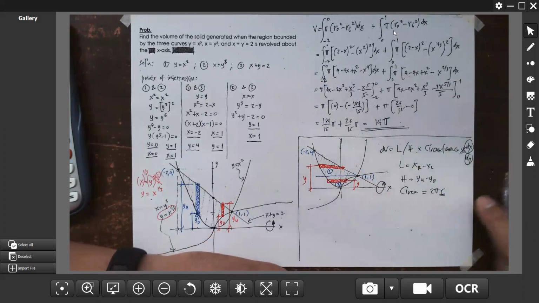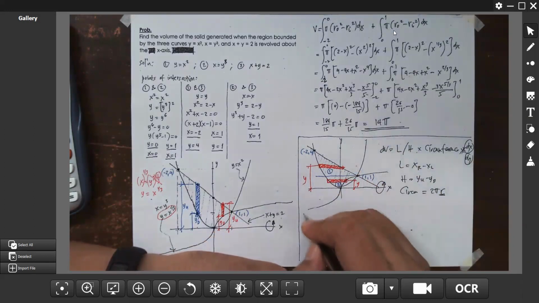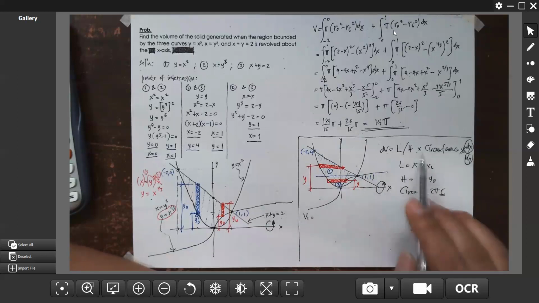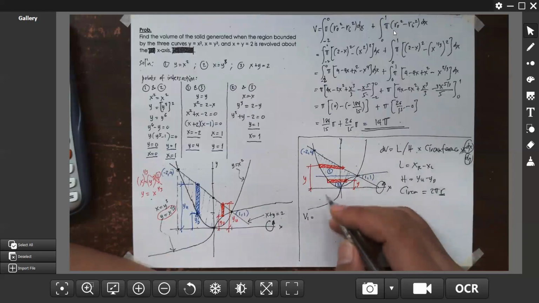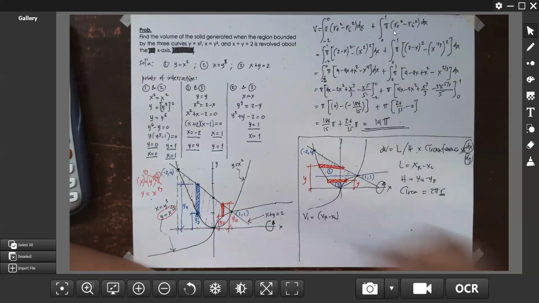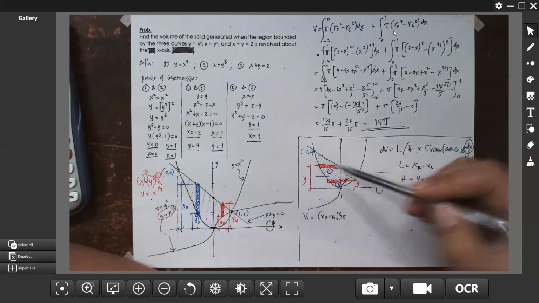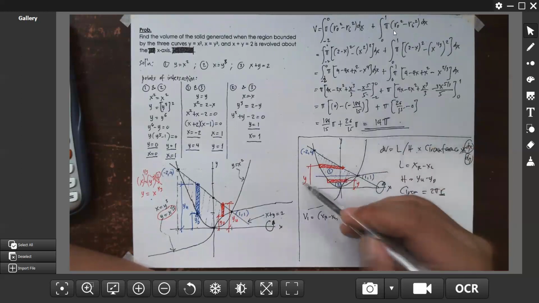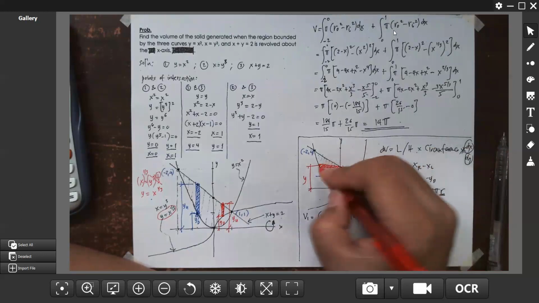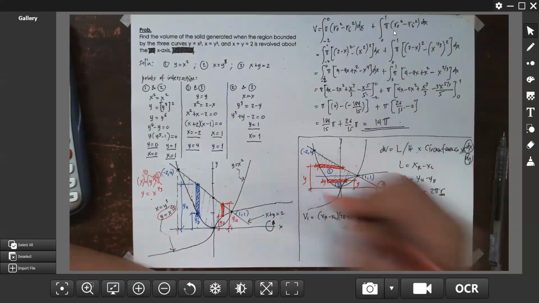Now, for V1, the volume is x right minus x left, right? That's x right minus x left times 2 pi. If you revolve this about the x-axis, the radius is simply y, and then dy.